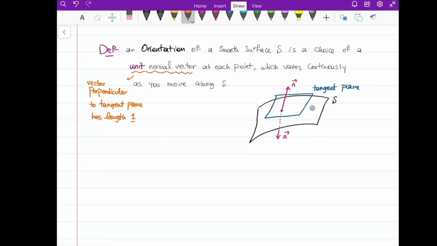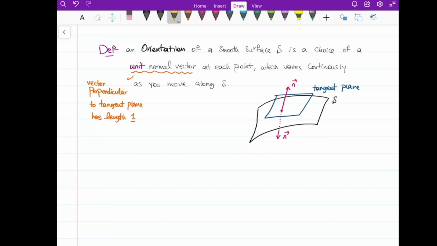The orientation would be basically the choice that you have for the normal vector, to choose this vector that is upward or that vector that is downward. Okay, so that's basically the orientation.